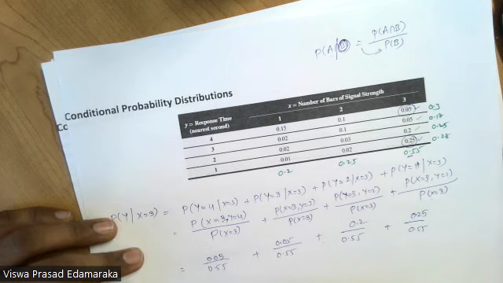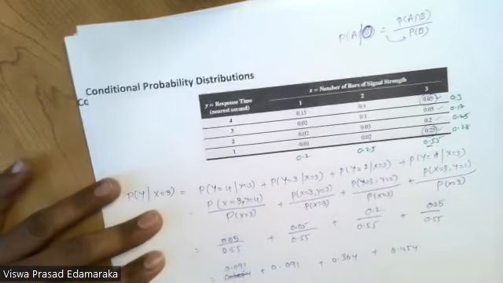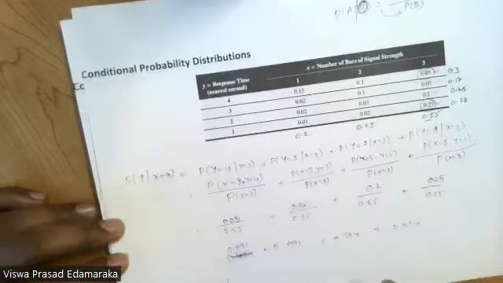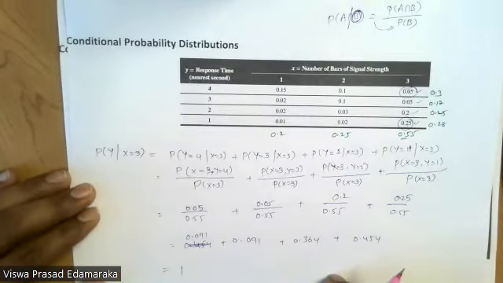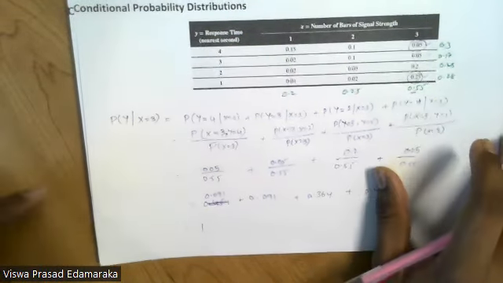So we'll get around 0.454, 0.091, 0.091 plus 0.364 plus 0.454. When we add these, we'll get 1. Okay. This is the conditional probability distribution for discrete.